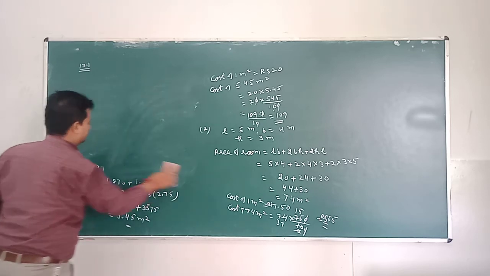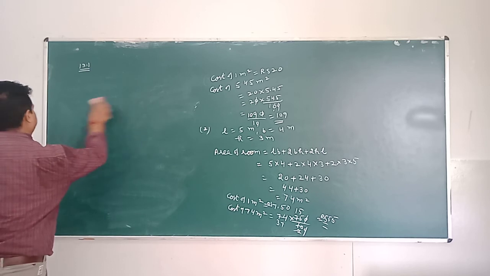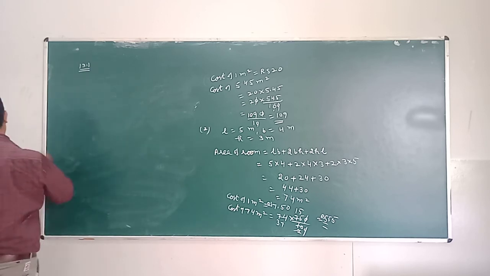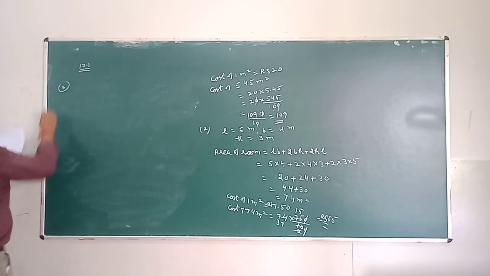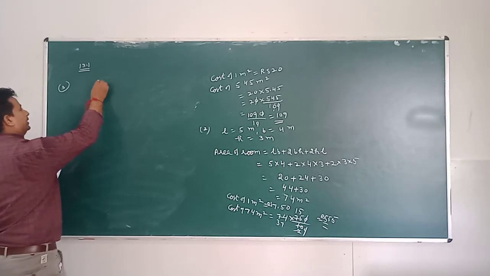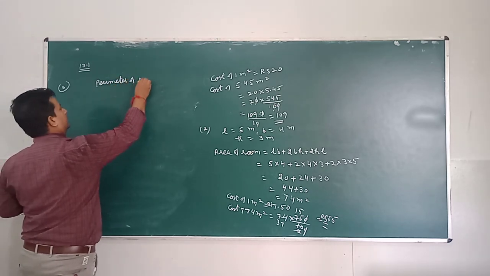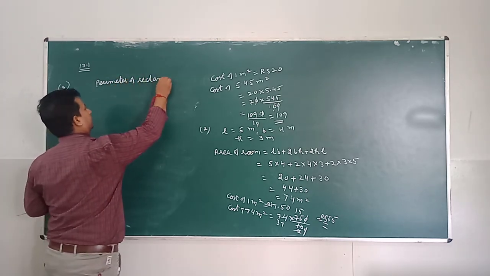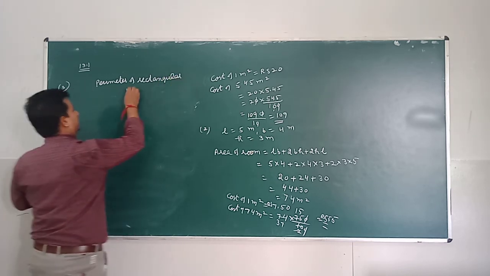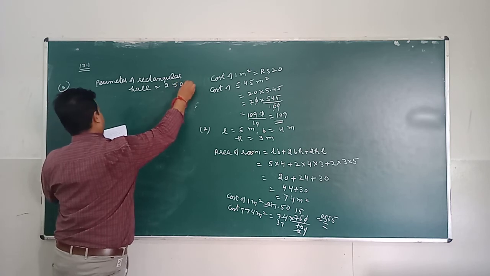In question number 3, the statement is: the floor of a rectangular hall has a perimeter of 250 meter.